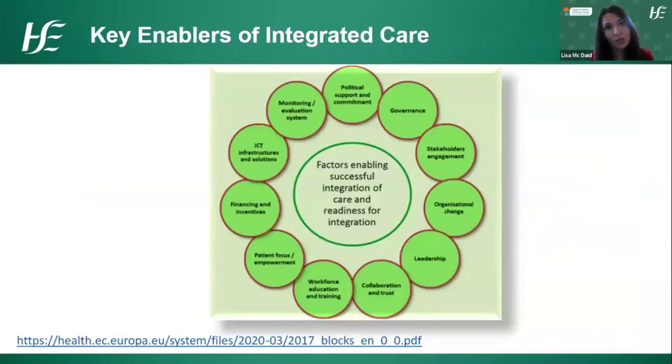The report also identifies key building blocks, or what they call systems levers, that are critical for creating effective integrated care, and it highlights that there are 11 key elements that contribute to their success. So these principles and success factors are closely interconnected and are shared across integrated care experiences in Europe. You can see the 11 key elements on your screen.